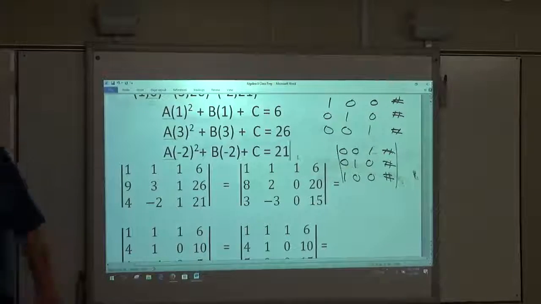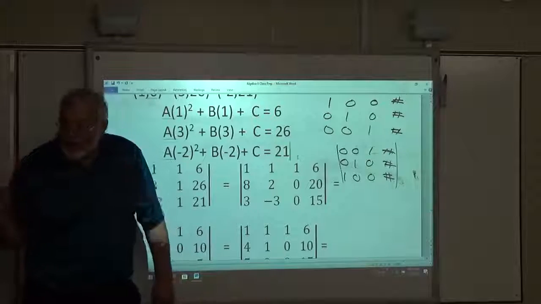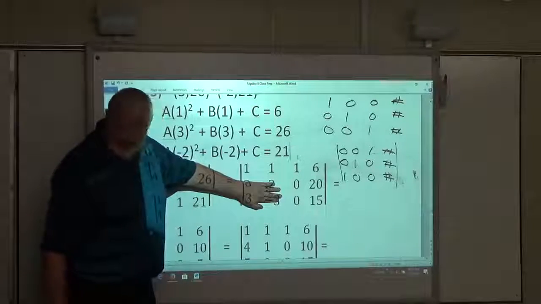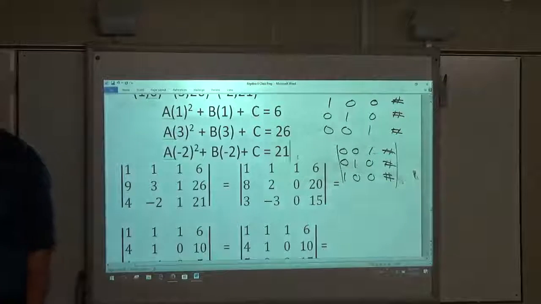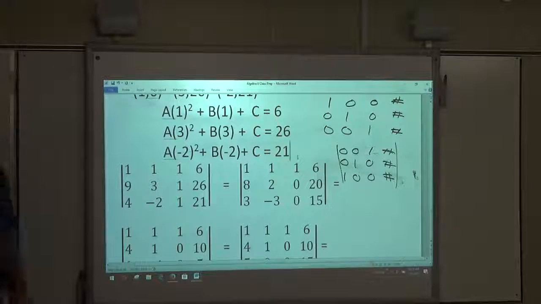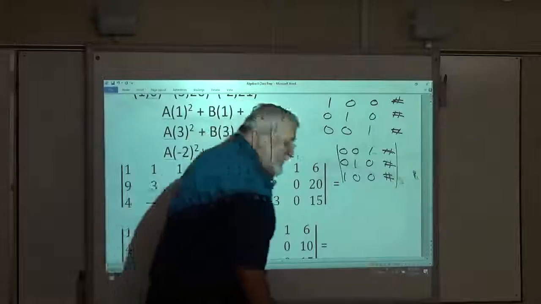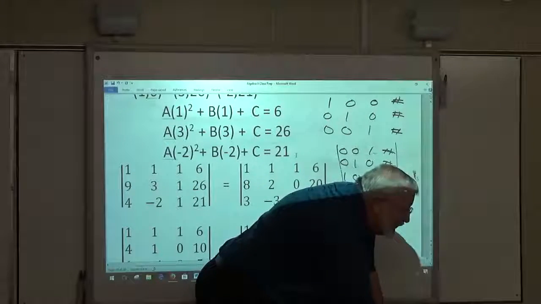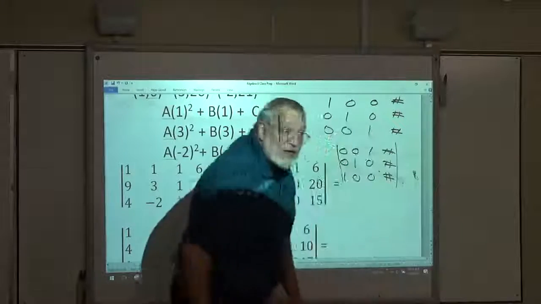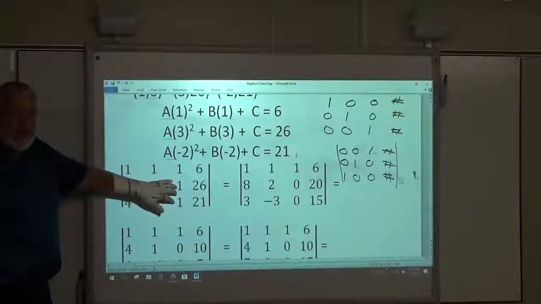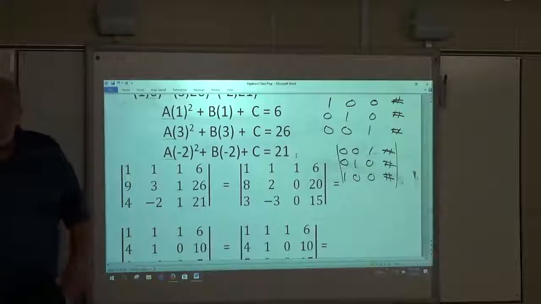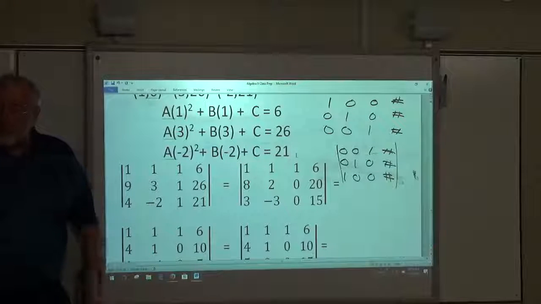Cool. Right? And if I wanted to, I could use Cramer's rule to find A and B. Let's do it. No, we're going to do the matrix. Okay? Questions about that? Pretty straightforward. And because of this value for C, this is a whole lot easier than the ones we did before, because we had to find the 1.